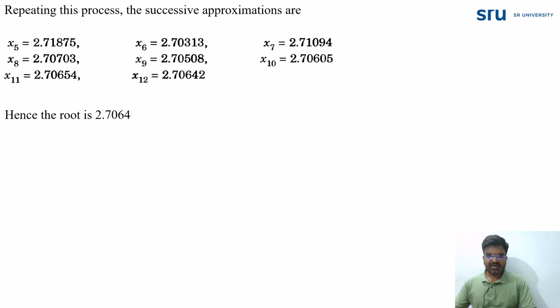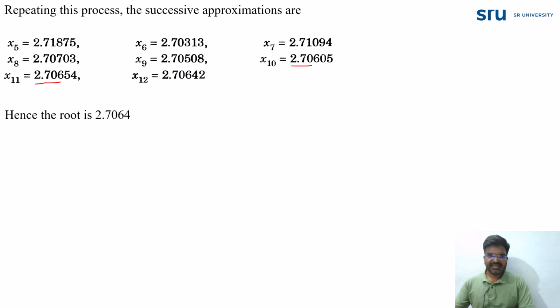We need accuracy up to fourth decimal places. So we have to continue. In x10, we are getting 2.706. Again, x9 and x10 are same up to second decimal place only. Then we have to compare x10 and x11. These are same up to three decimal places.